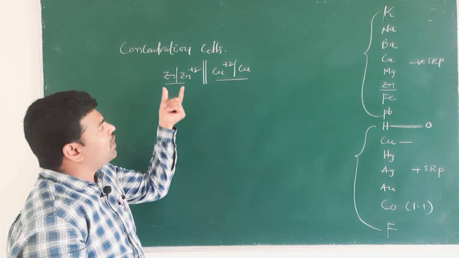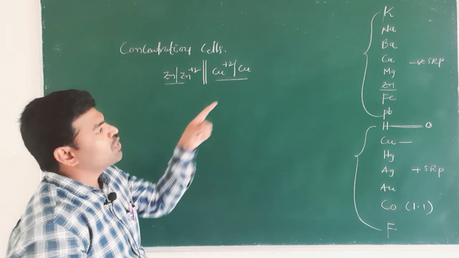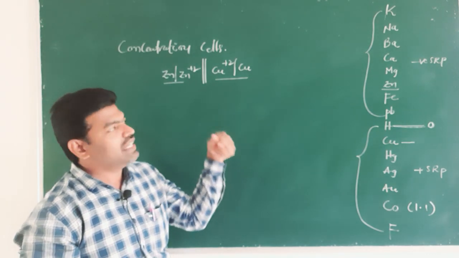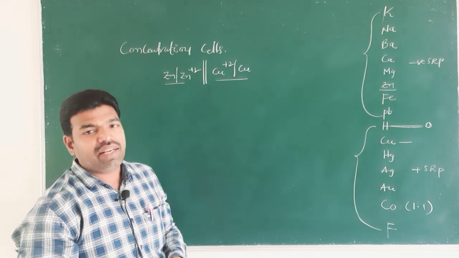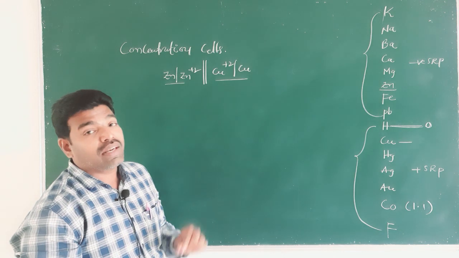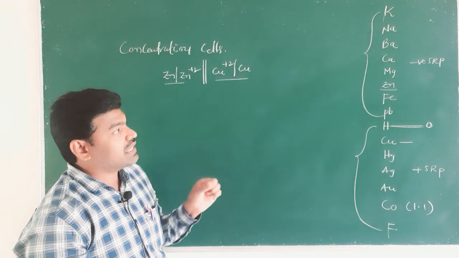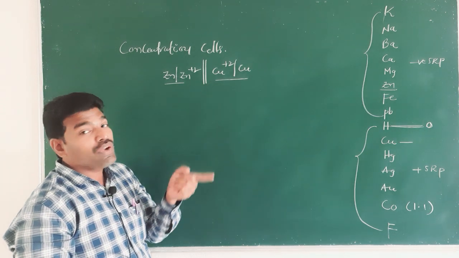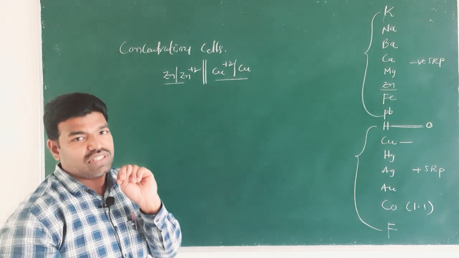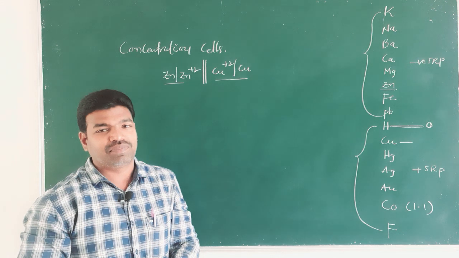So, with the help of the electrochemical series, we can construct any cell like the Daniell cell. In the construction of this cell, we use two electrodes, that is, two metals.